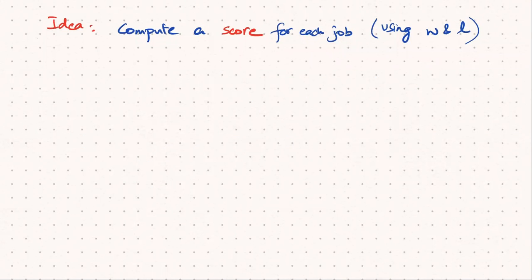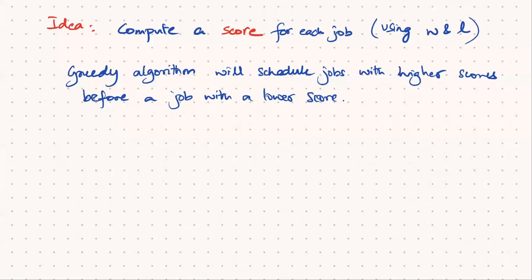Our greedy algorithm will simply schedule the jobs with the higher scores before a job with the lower score.